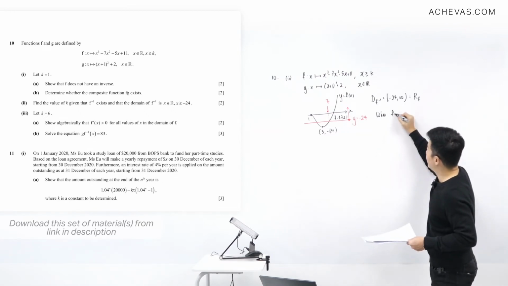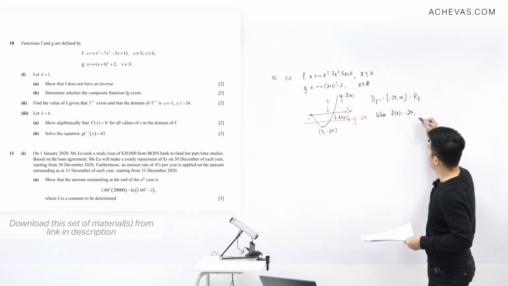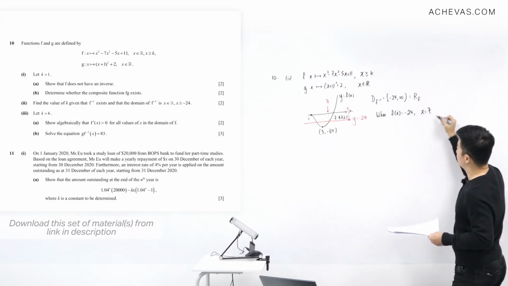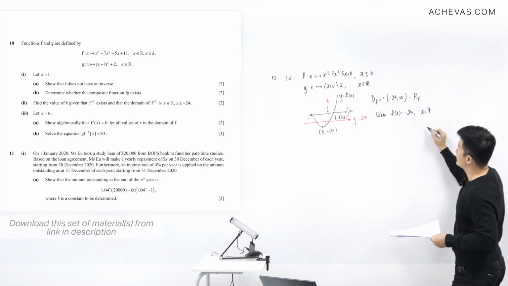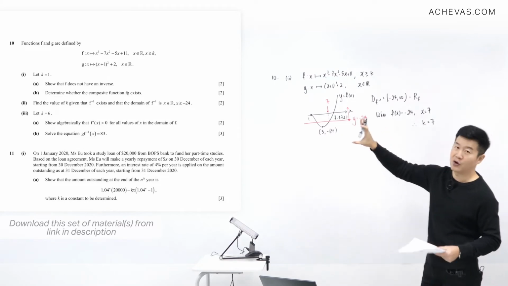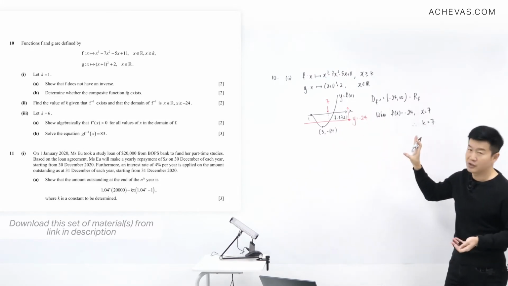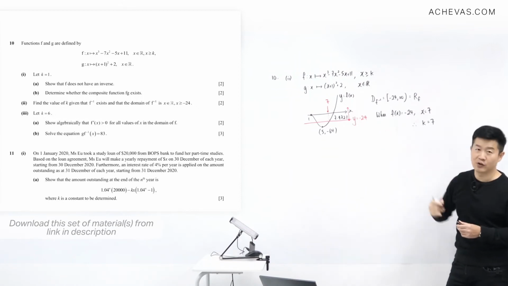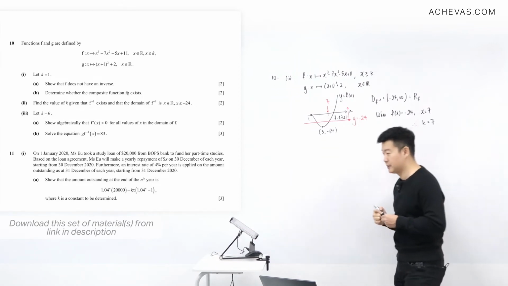So when f(x) is equal to -24, we are going to be expecting x to be equal to 7. Therefore, this tells us that the value of k should also be equal to 7 in order for the inverse function here to satisfy both the conditions mentioned by the question.